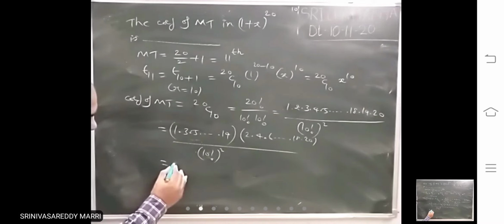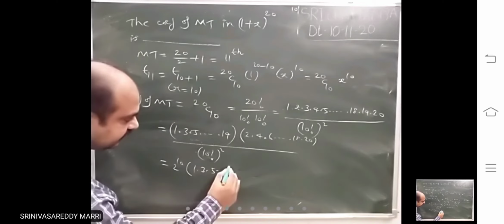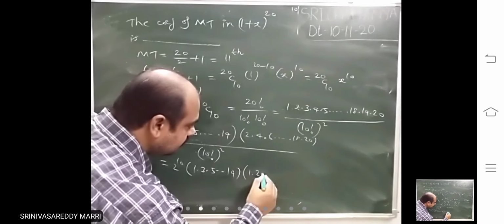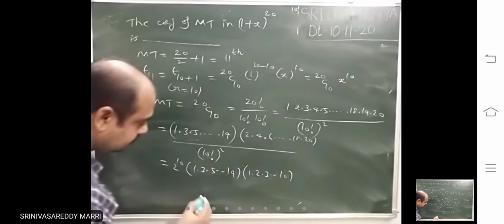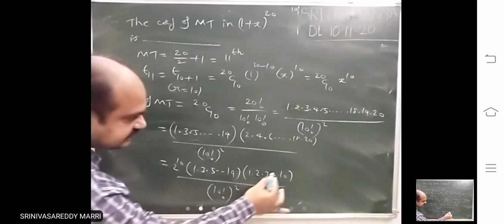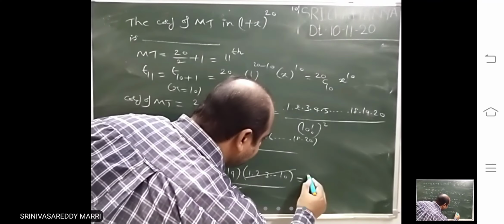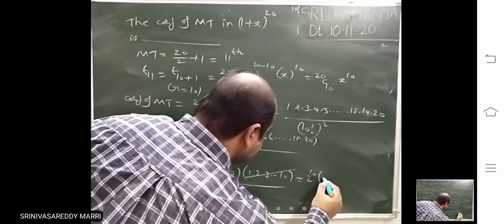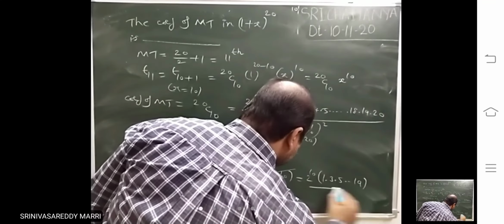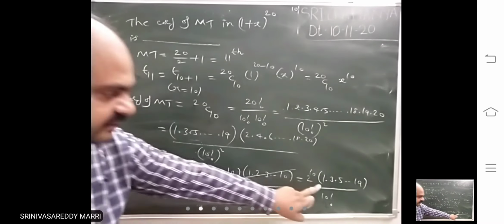That means I am writing here 2 power 10 into 1 into 3 into 5 and so on up to 19, divided by 10 factorial whole square. This is nothing but 10 factorial. So the answer can be given in this form also: 2 power 10 into 1 into 3 into 5 and so on up to 19, divided by 10 factorial.